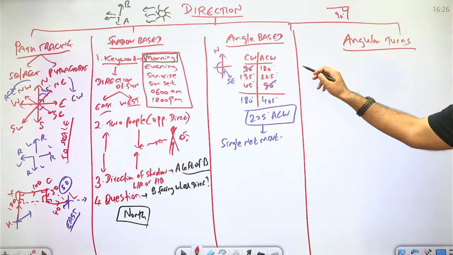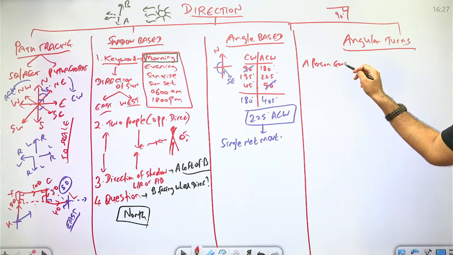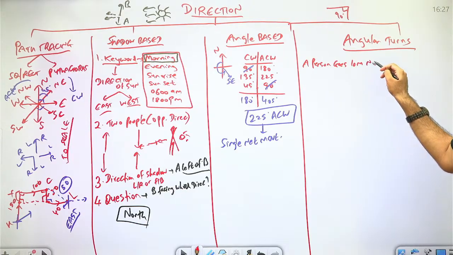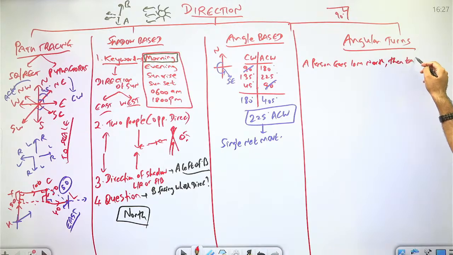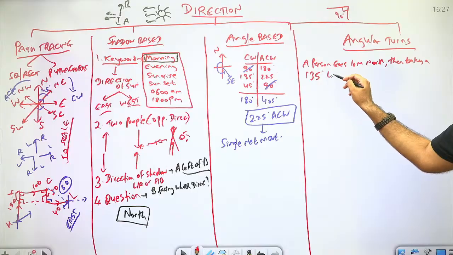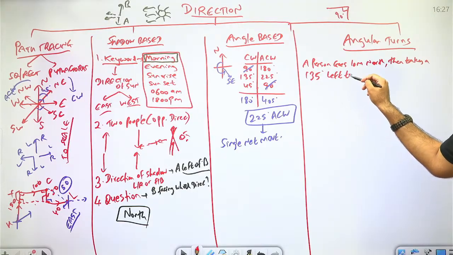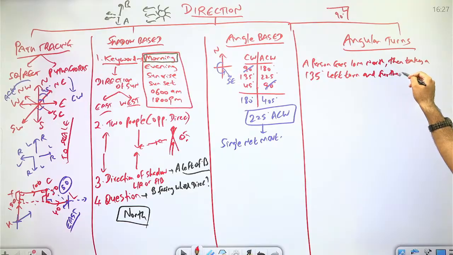A person goes 10 meters north, then takes a 135 degree left turn and further goes 5 meters.